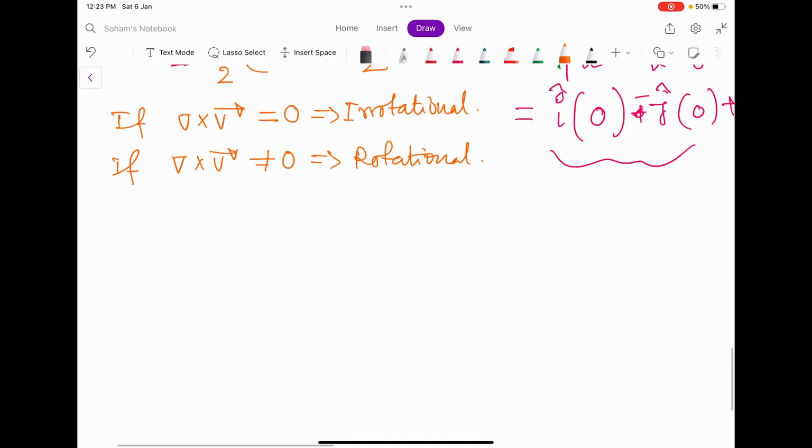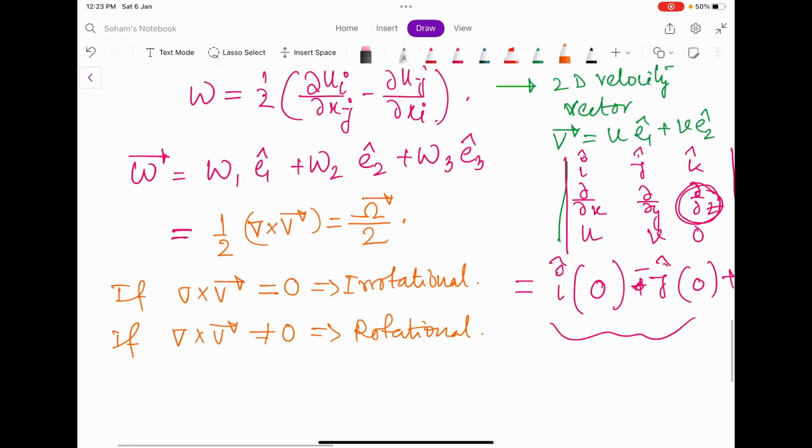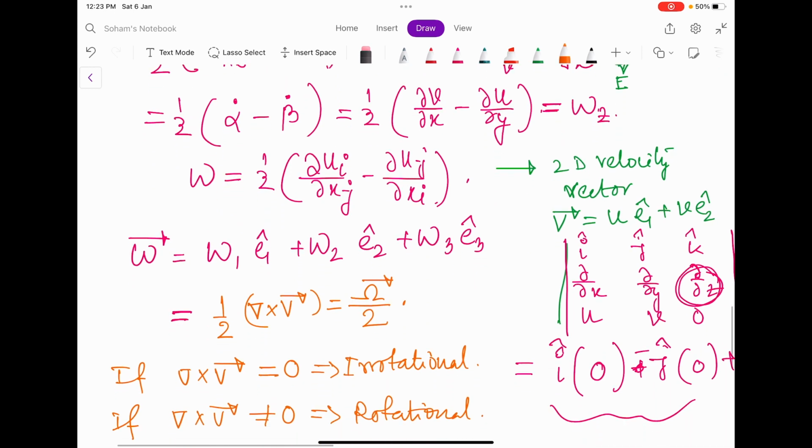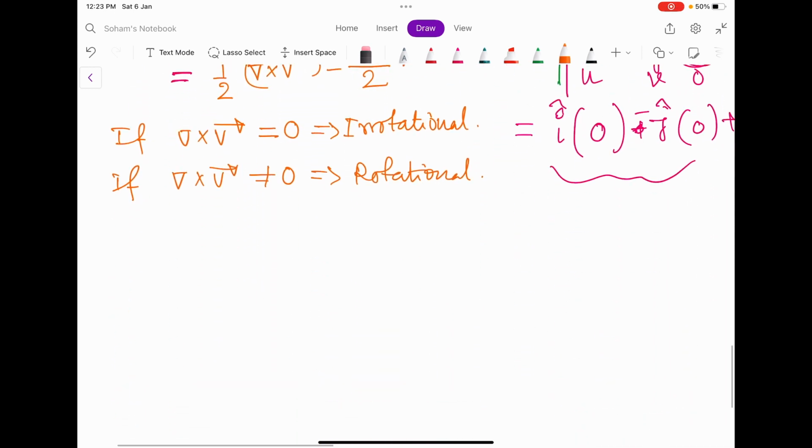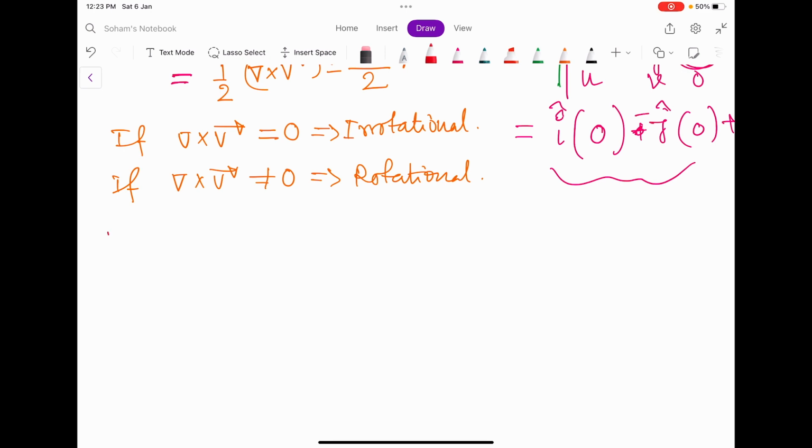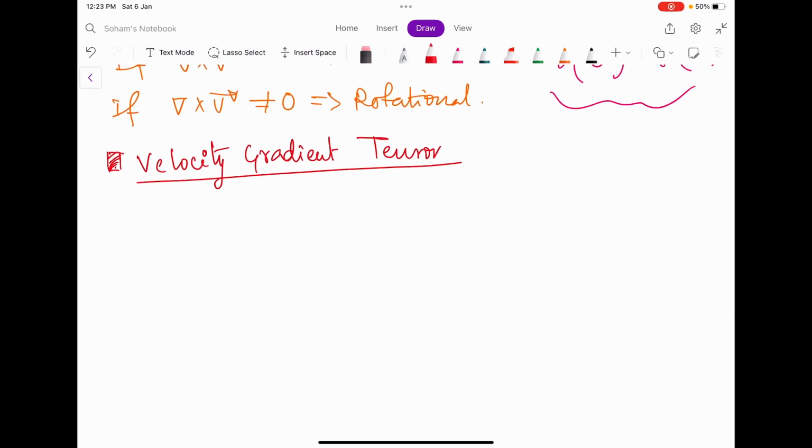Now we have studied the angular deformation and rotation. Now let me define one more thing, a new tensor, the velocity gradient tensor. It is defined by del u_i by del x_j.